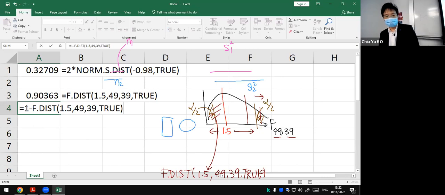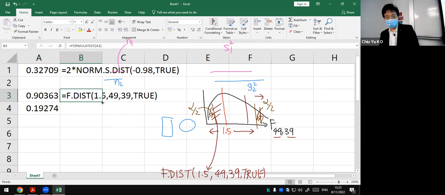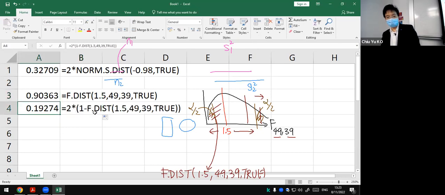And this is the right-hand side area, and what you want is to multiply by 2. And here the p-value you get is 90%. So you really can't reject.